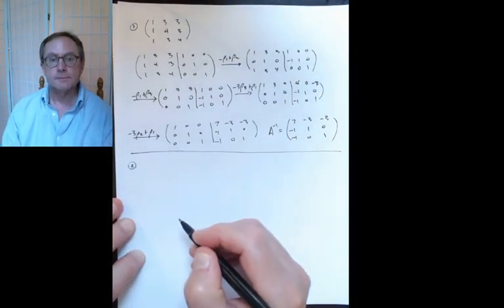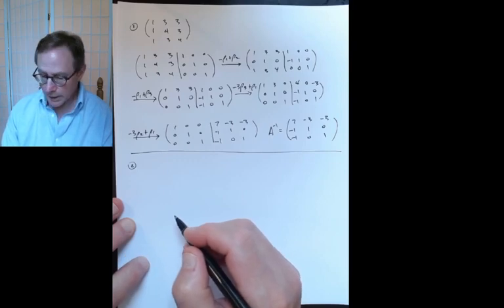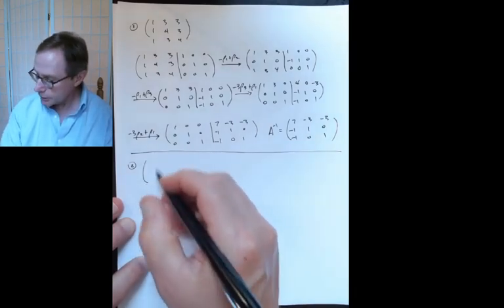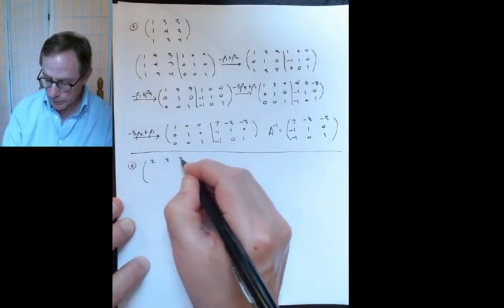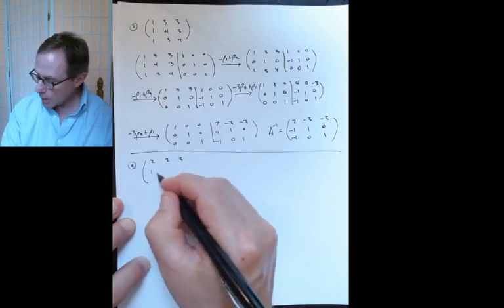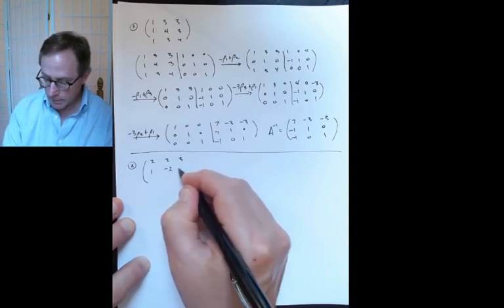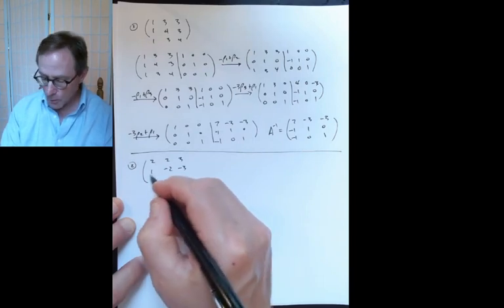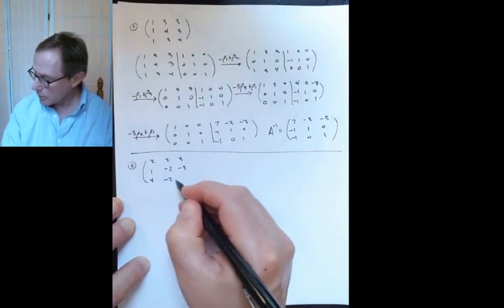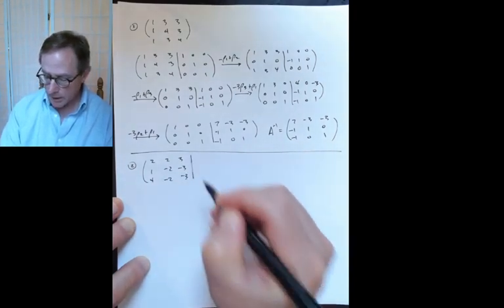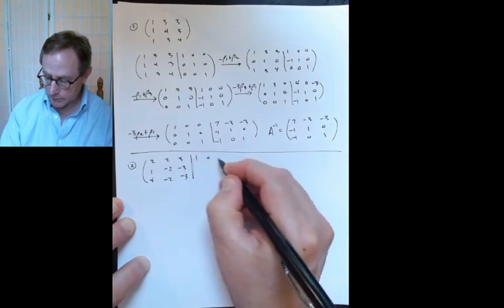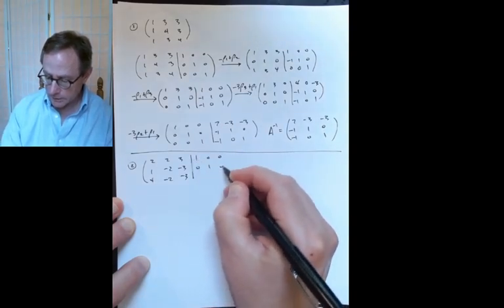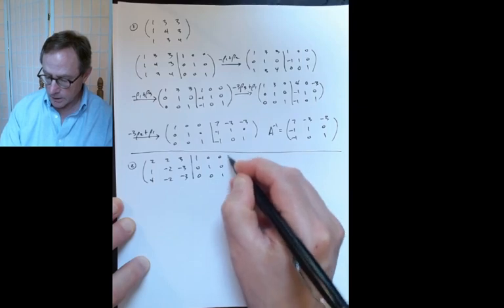For number 2, let's see. It is 2, 2, 3, 2, 2, 3, 1, minus 2, minus 3, and then 4, minus 2, minus 3. And same thing, you put the 1, 0, 0, 0, 1, 0, 0, 0, 1.